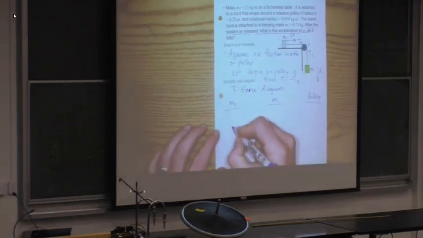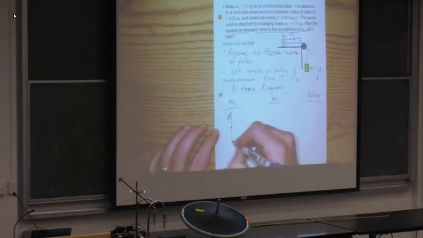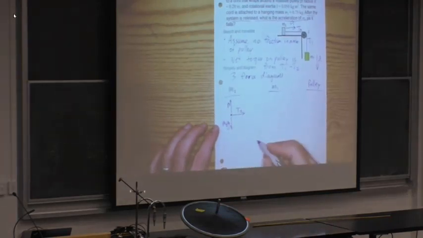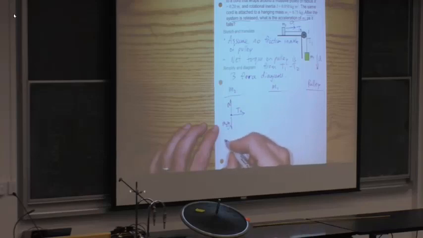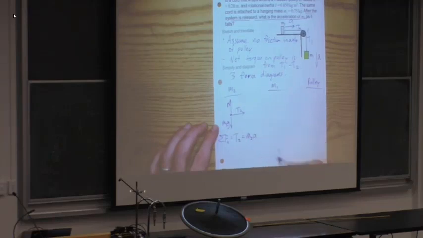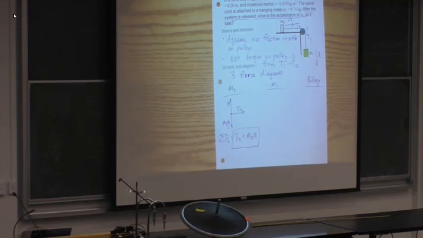So the M2 diagram: you've got the normal force and M2G, and those cancel. So really you just have T2. The sum of the forces in the x direction is T2, which is equal to M2 times A. That's that one.